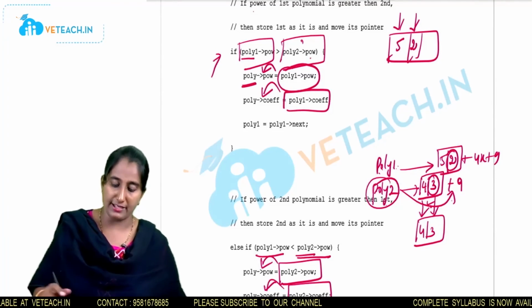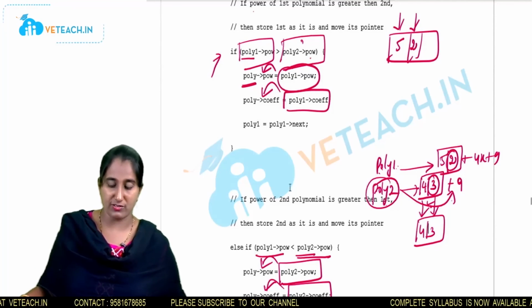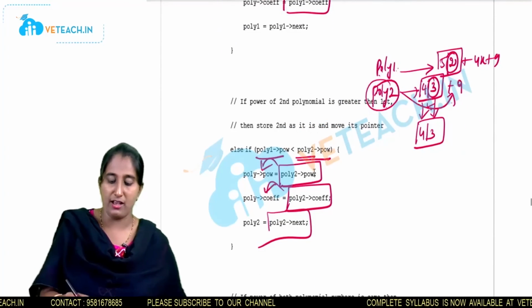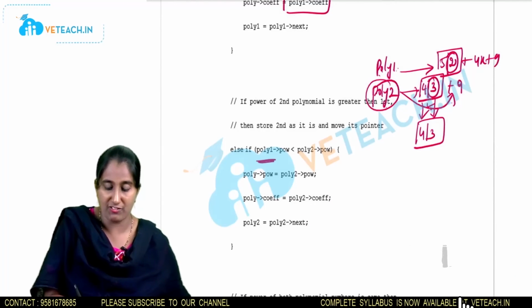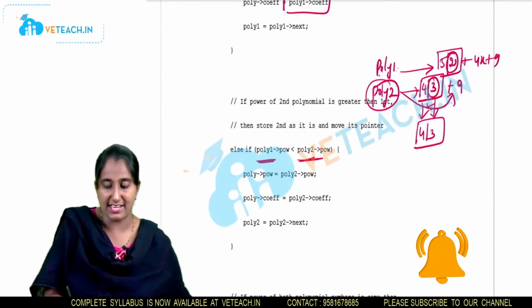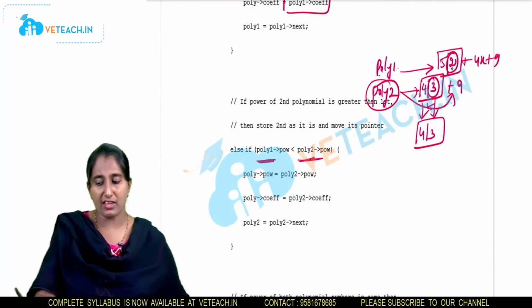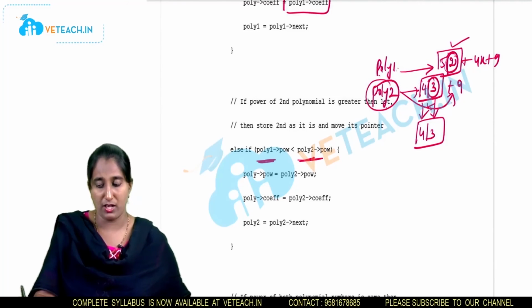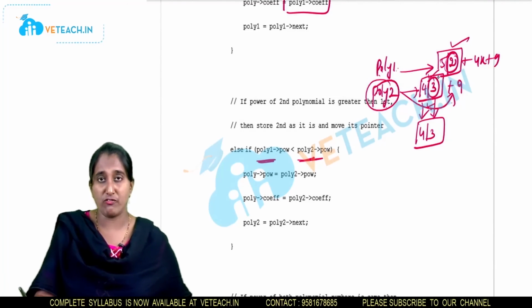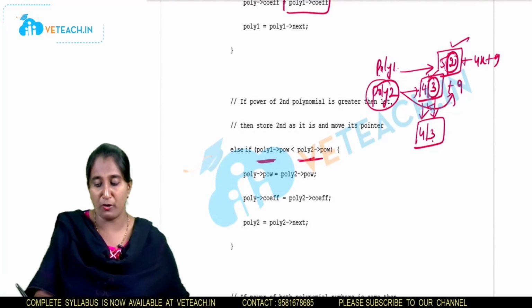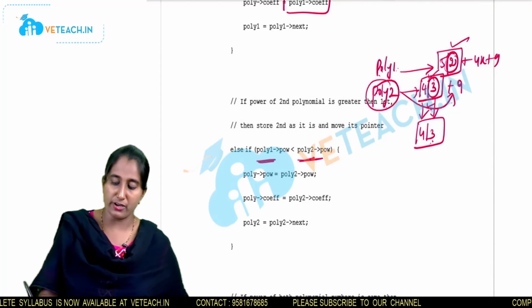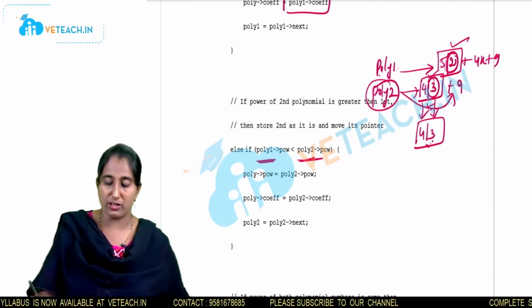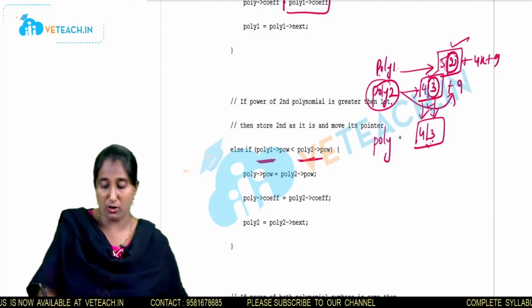Okay. Later, if the first expression power is less than the second power, as I said, if the first power, this is 2, is less than 3, so which term will be carried out into the output? 4 and 3 will be carried out to the output, isn't it? So in order to carry this 4 and 3, who will point to this?